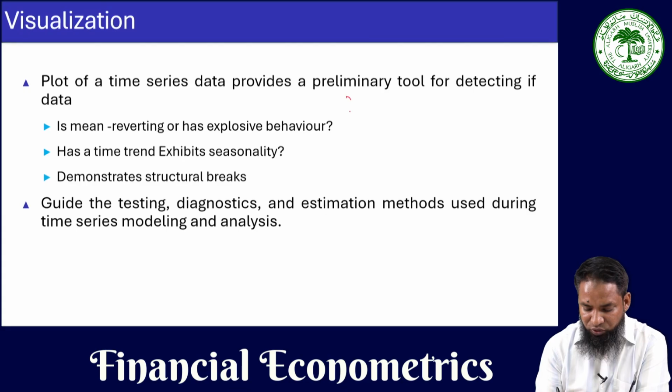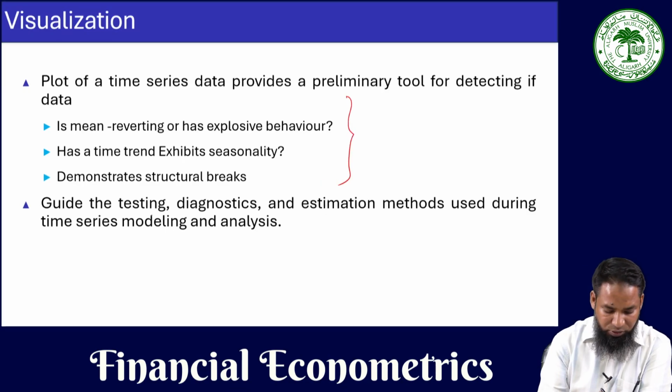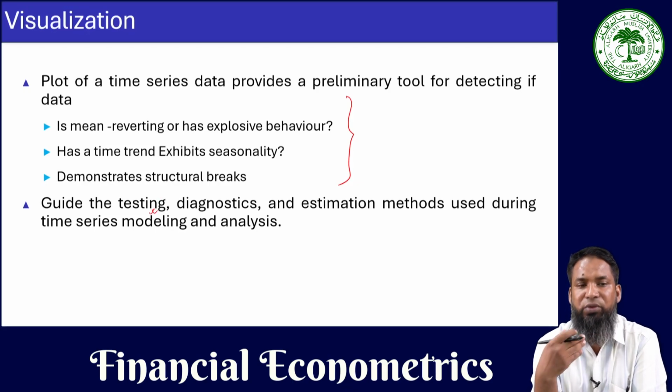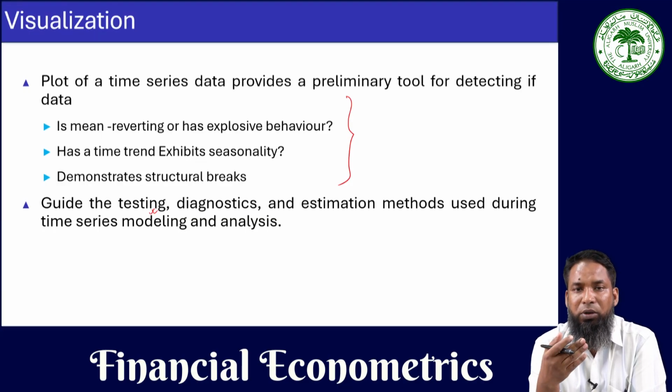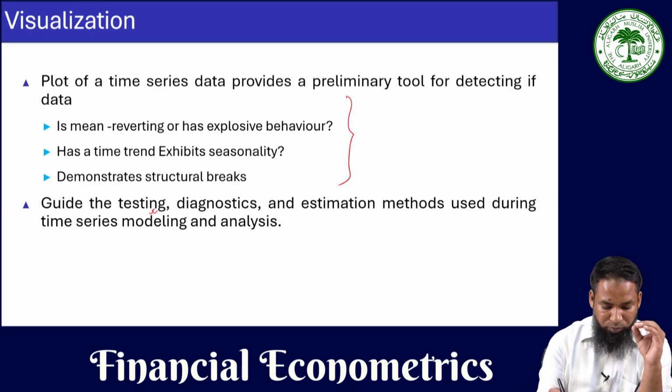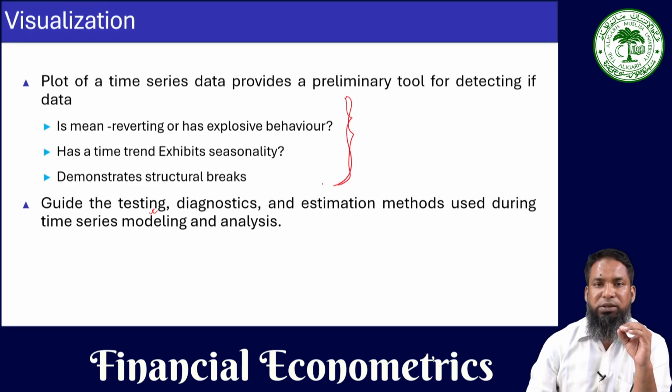Once we have this information, it helps us decide which kind of test we should use, what the diagnostic elements should be, what concerns we should clear before using the model, and which estimation method or technique is more appropriate. All of this becomes quite easy to identify if we know these aspects.